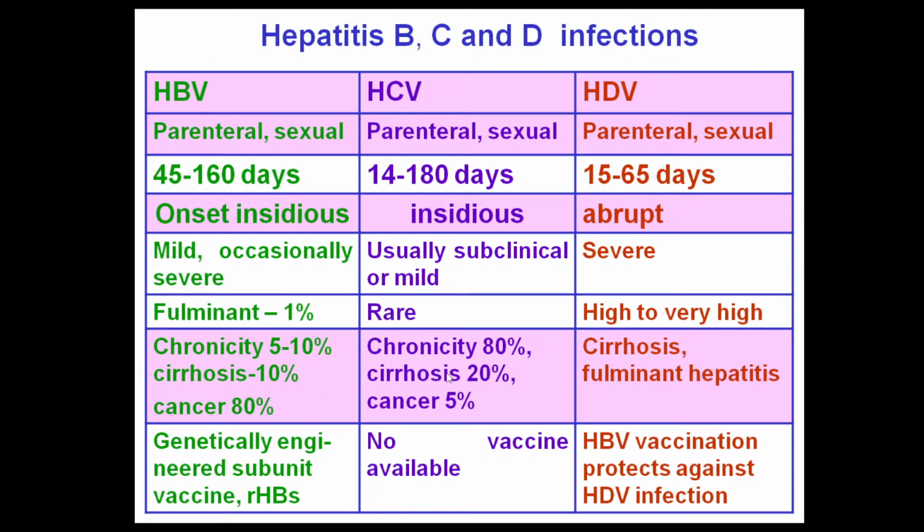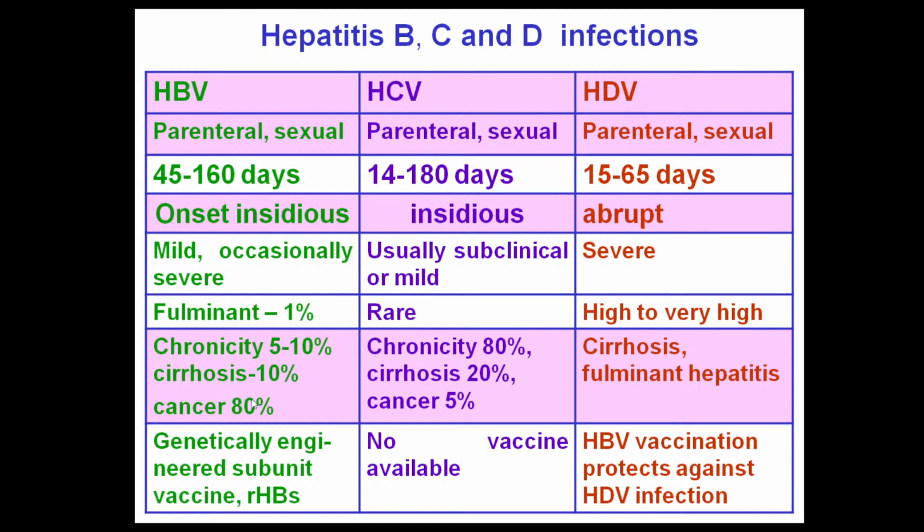If we take a look at hepatitis C virus, because it usually causes a subclinical mild infection, the body won't produce a vigorous immune response against hepatitis C. So usually the disease is very mild or subclinical, but then 80% of cases develop a chronic process.